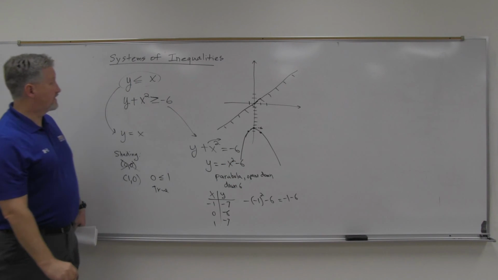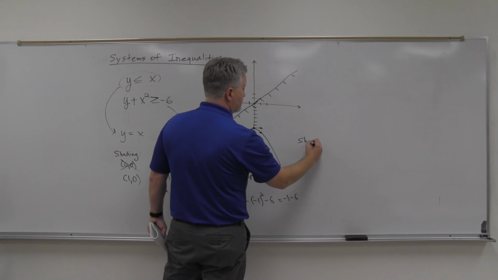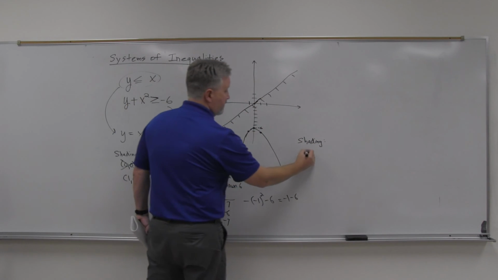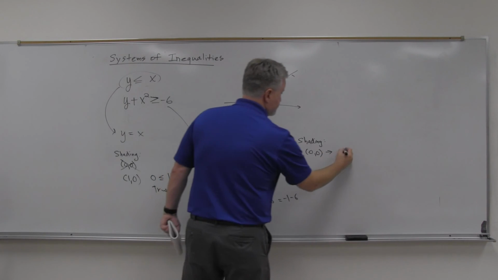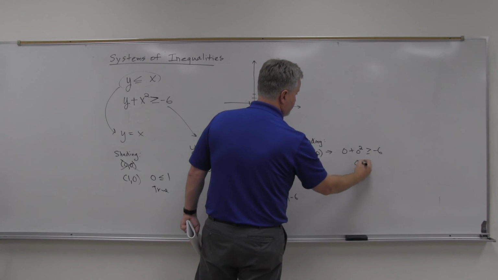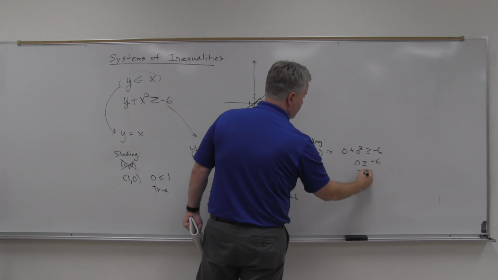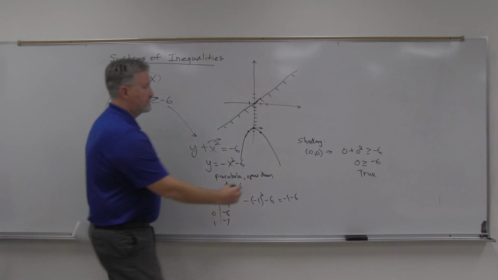Looks like that, and then the shading, okay, for that one, I could check 0, 0 on that. 0 plus 0 squared, is that greater than -6? Yes, it is. So 0, 0 works.